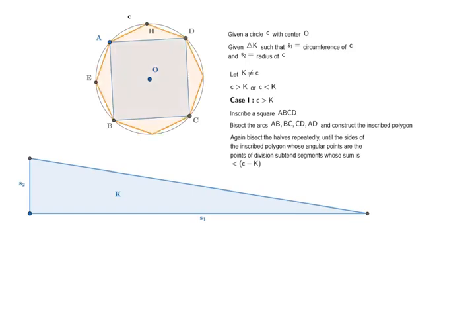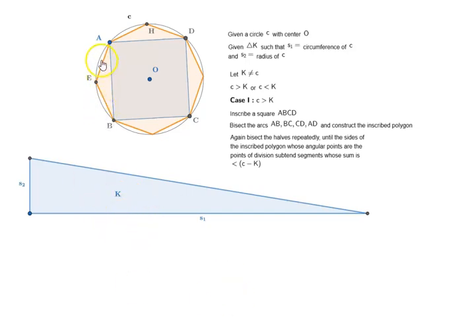Now if you notice, this area of the segment plus this, plus this, plus this, and so on. Again, we compare it with the difference between the area of the circle and the area of the triangle.